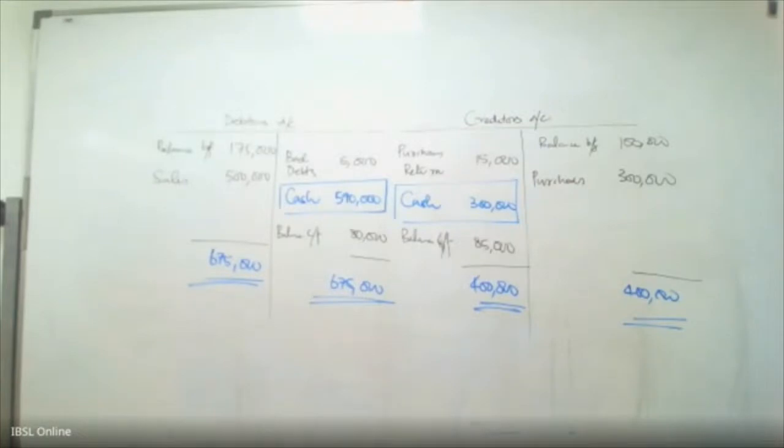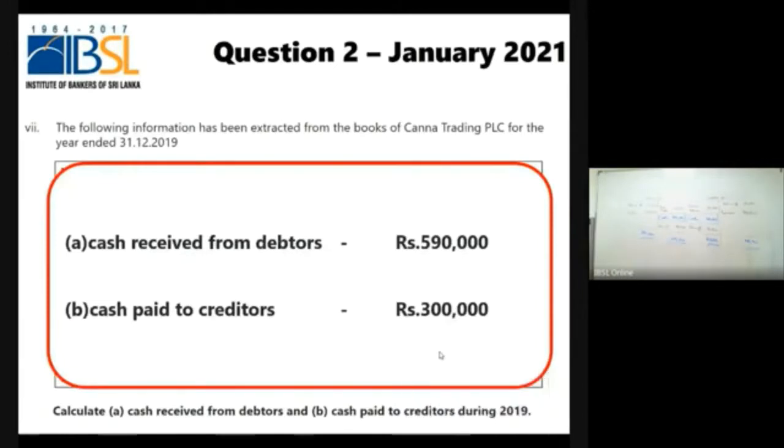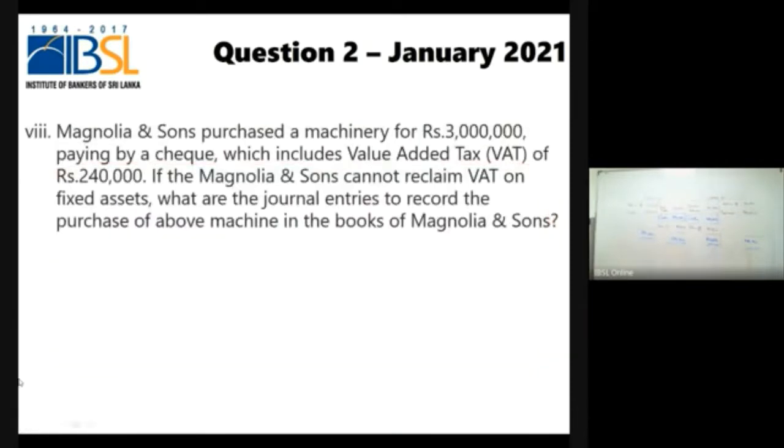So the answer will be cash received from debtors is 590, cash paid to creditors 300,000. Next one.